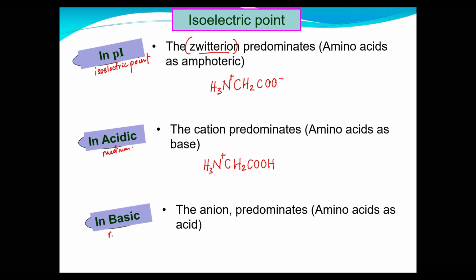In a basic medium, glycine will act as an acid, where the carboxyl group will release a proton, and so glycine can be drawn like this, where the anion predominates.